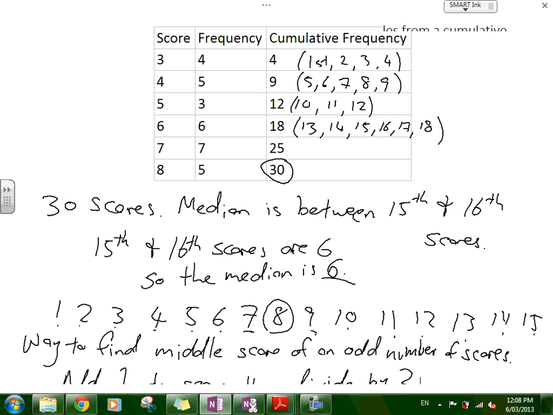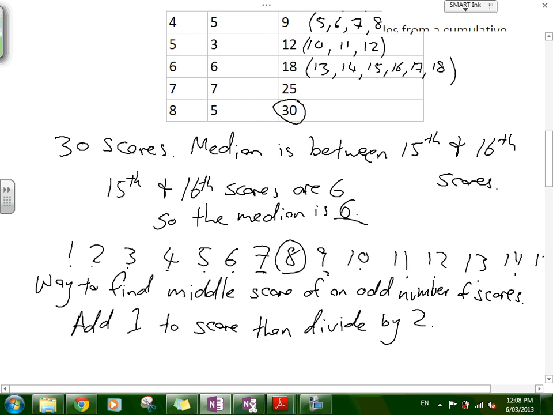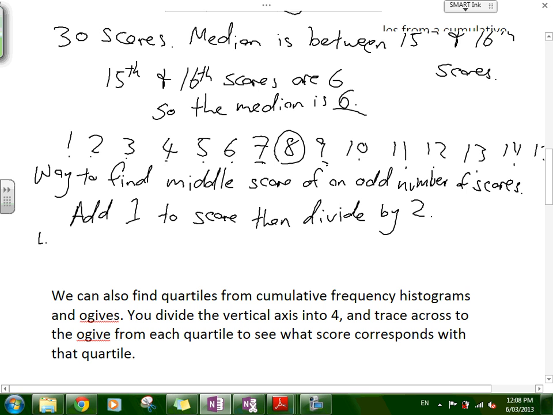The first 4 scores are 3, and then 4 is the next 5 scores. The 5th, 6th, 7th, 8th, 9th scores are all 4. So the 8th is 4, which means the lower quartile is equal to 4. Lower quartile is 4.